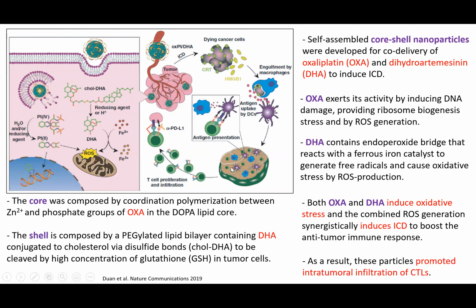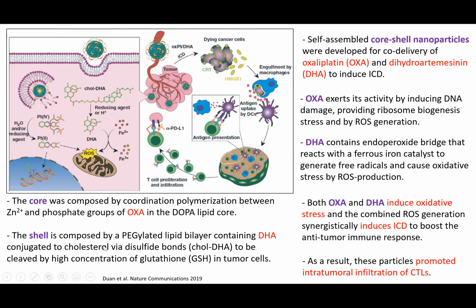So from an immunoengineering point of view, to prepare these nanoparticles, the core was composed by coordination polymerization between zinc ions and the phosphate groups of oxaliplatin to entrap the oxaliplatin into the core of the nanoparticle.